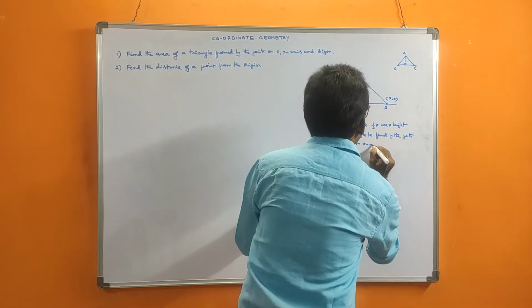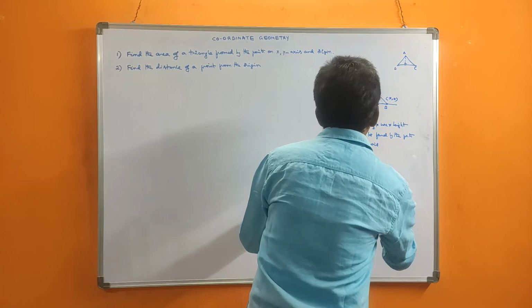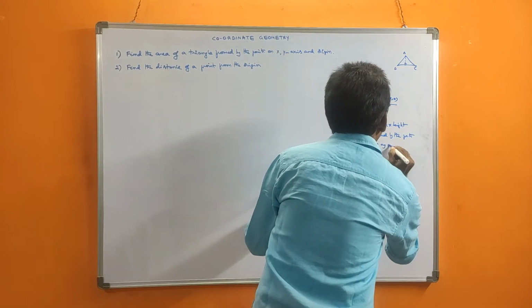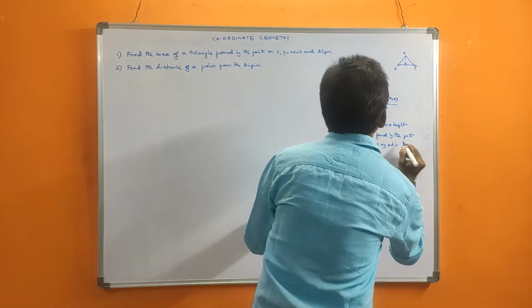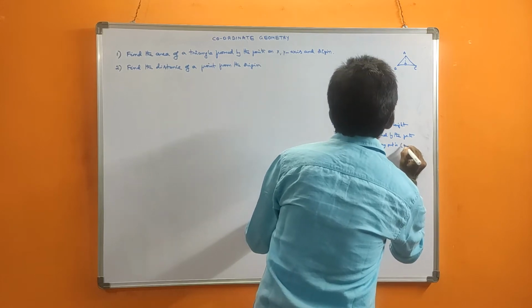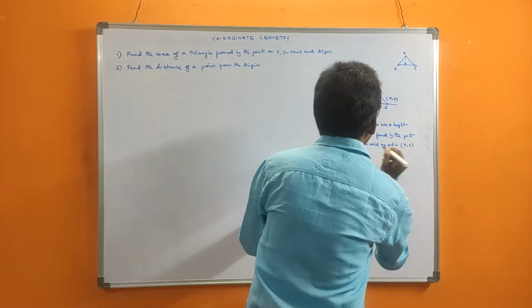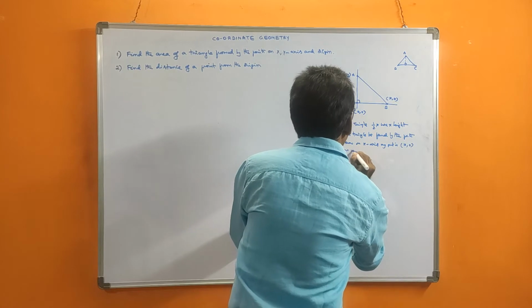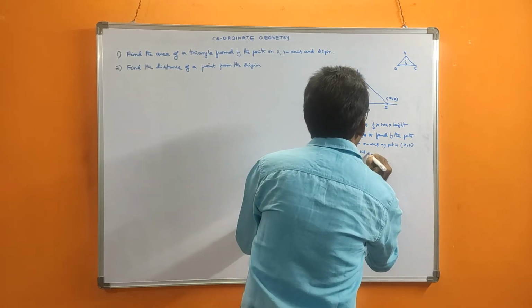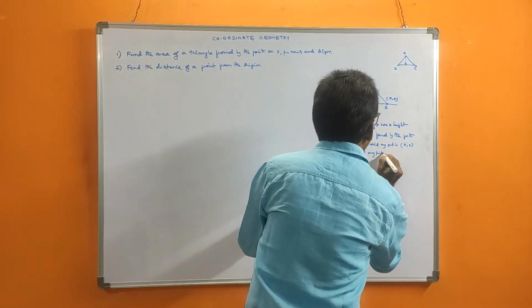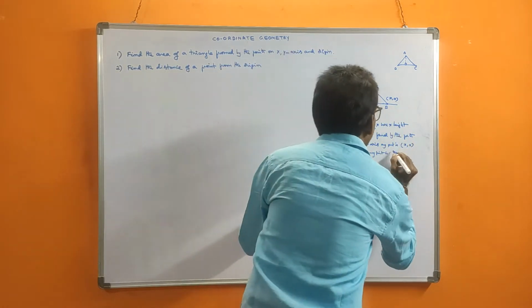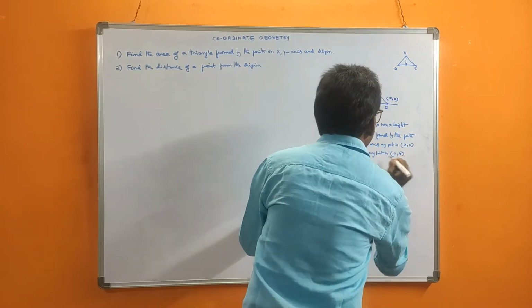on the x axis any point is (x, 0). On the y axis any point, anywhere, is (0, y).